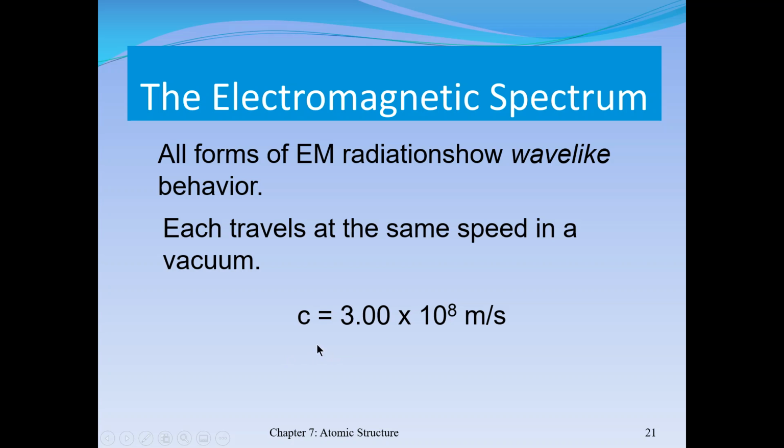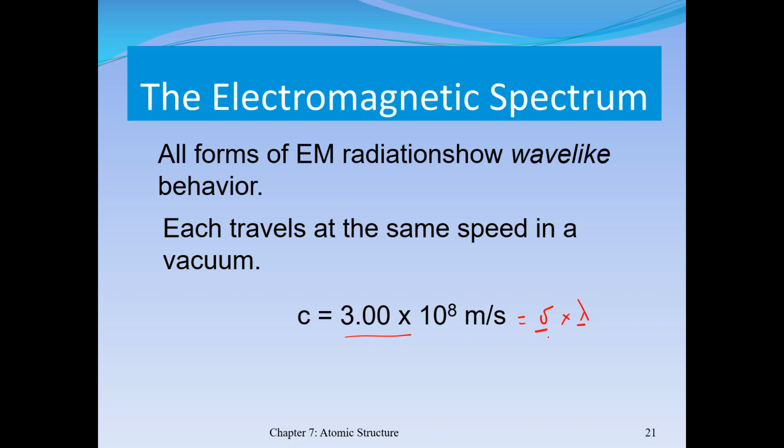So the speed of any form of electromagnetic radiation is equal to 3.00 times 10 to the 8 meters per second. That value is equal to the frequency multiplied by the wavelength. So it doesn't matter what form of radiation you're dealing with, the product of the frequency and the wavelength will give you this value.